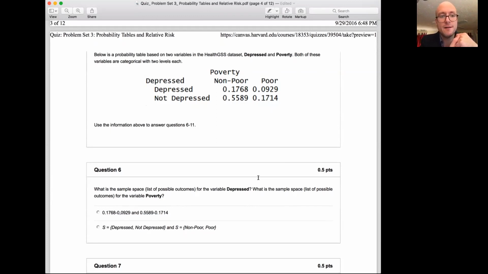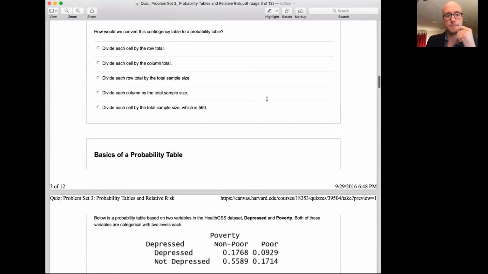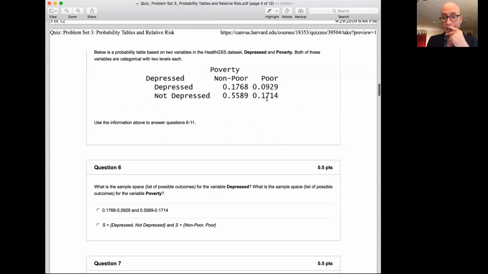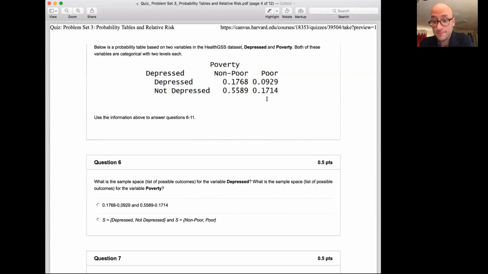Both of these are categorical variables with 2 levels each. Well, voici et voila, look at this. What did we just do? We're actually looking at what we would have done if we had asked you to estimate the value for each probability.